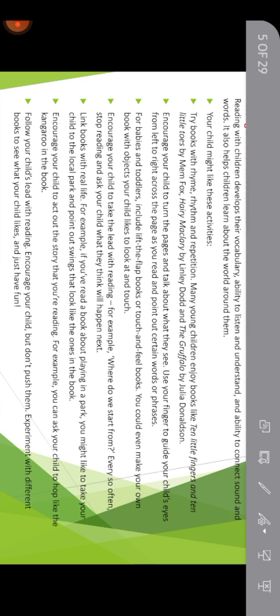So, dili ta kabantay mo inana, nag-learn na dahil sila. So, from that way, nag-learn na dahil sila where is the left and what is the opposite of the left, which is the right. So, next is for babies and toddlers also includes lift the flap books or touch and feel books. So, mas nindot yun makita or mabasa or ma-feel nila ang mga libro.